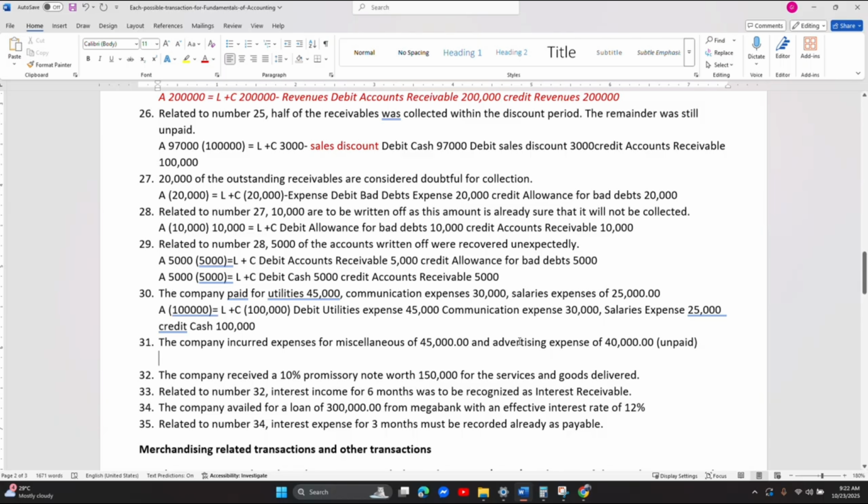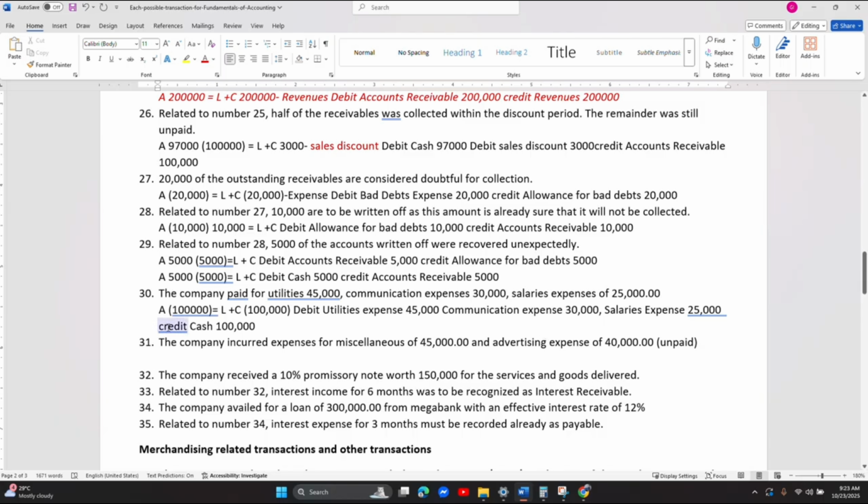For example, advertising expense, you have already consumed the benefit of the advertising activity, so you have to recognize advertising expense already even if you did not yet pay. Like for example, if you hired advertisers and the advertisers have already done their job, in your part that is already an advertising expense, and then you will have a liability. So actually this is an accrued expense.